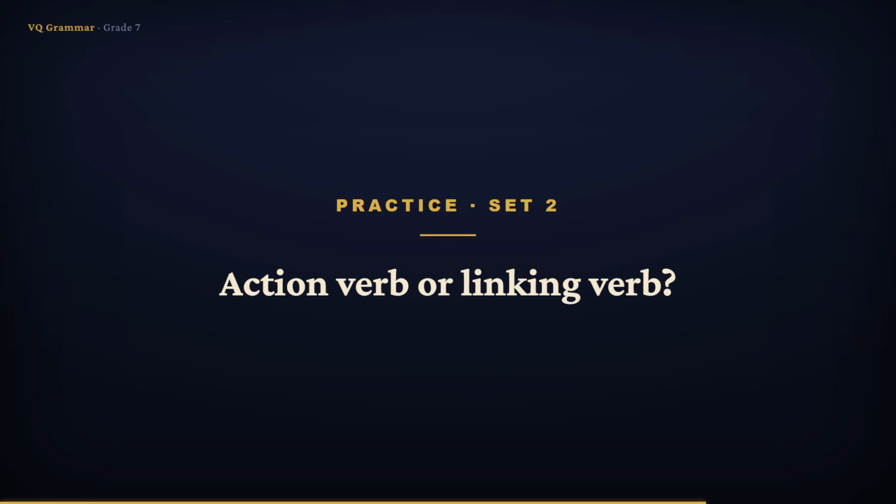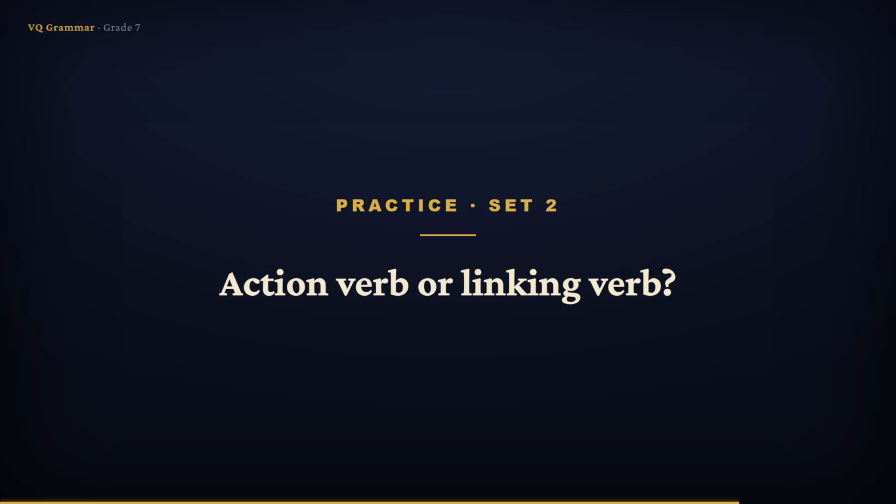In this second set, watch the verbs closely. The same verb can be action in one sentence and linking in another. For each one, decide whether the verb is acting or linking. Remember the test. If you can swap in is or seems and it still makes sense, the verb is linking.